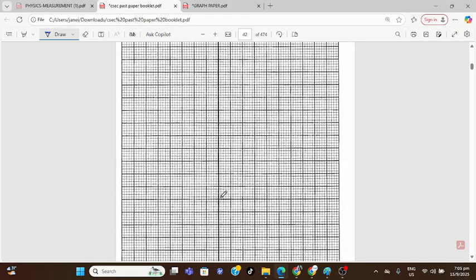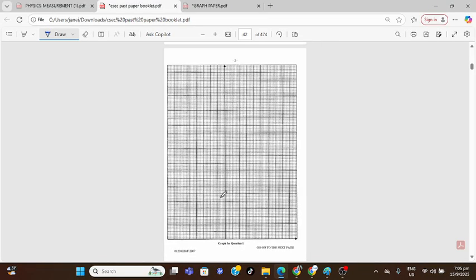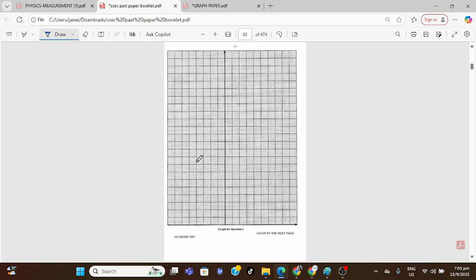So this is how you're going to draw your graph. Sometimes you need to read the question before you start drawing a graph. So you're going to divide the graph like this. Just do that, so we can start.